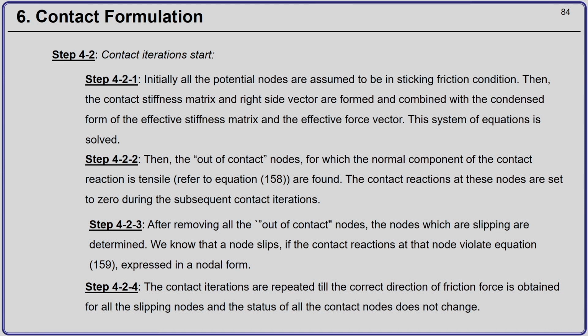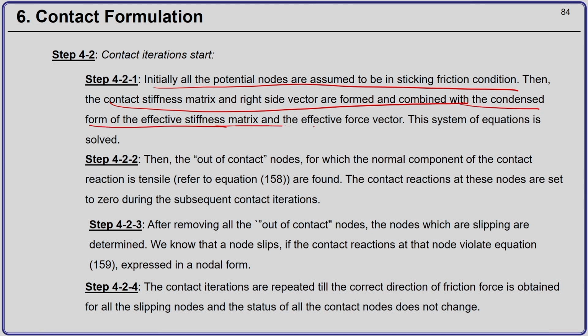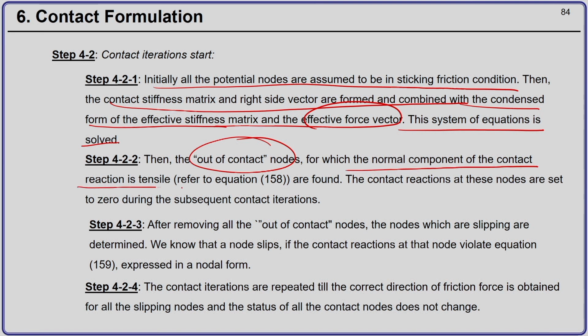And then we start the contact iterations. Okay. So, we assume that all contact nodes are in the sticking friction condition, then the contact stiffness matrix and the right hand side vector are formed and combined with the condensed form of the effective stiffness matrix and effective force vector, and this system of equations is then solved. Then we find out if there are some out of contact nodes for which the normal component of the contact reaction is tensile.